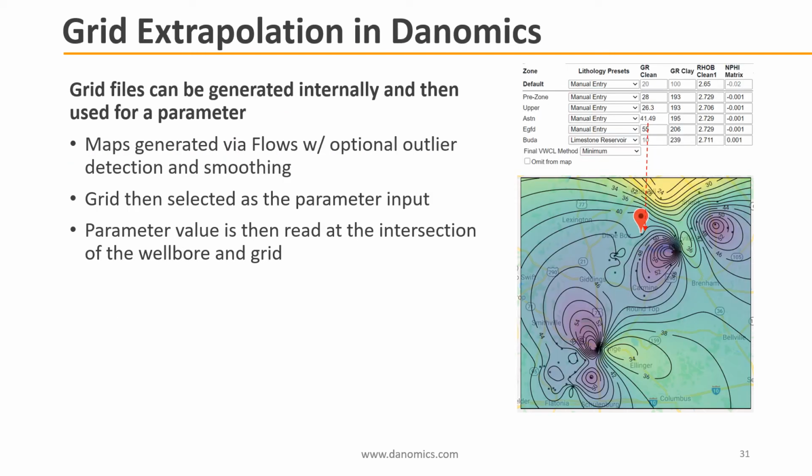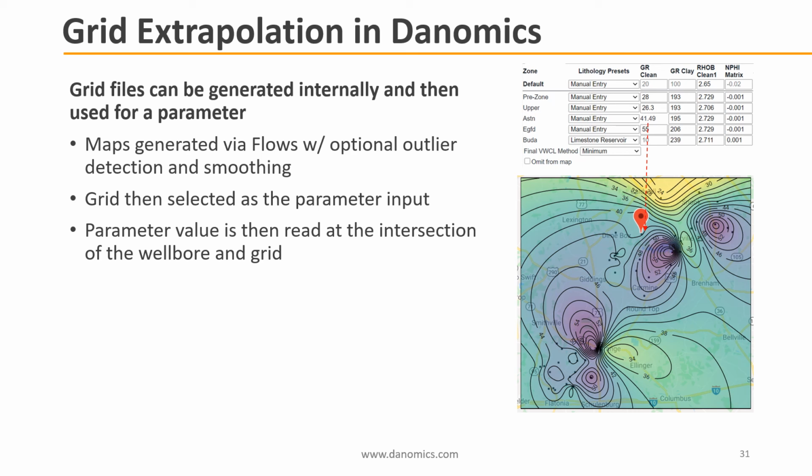Okay, in terms of the physical process of how we actually do this, you look at your parameter menu, you click on the settings for this parameter, and instead of typing a value into a parameter box, we'll now pull that value from a map, and that will populate our petrophysics. So it's really kind of a click of a button to perform that type of analysis.